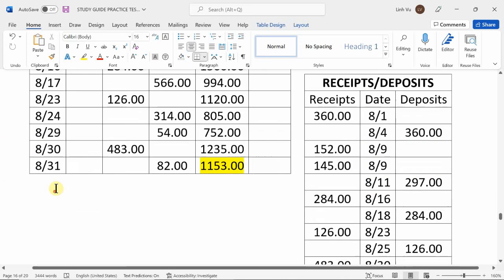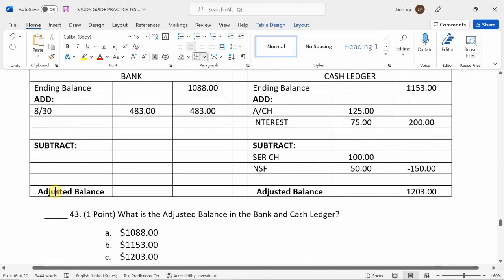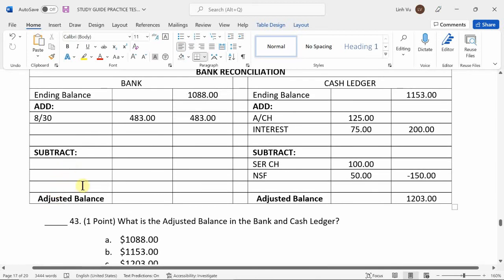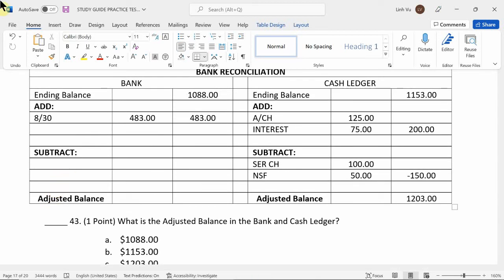So those are things I need to subtract. Check number 306 was for $314, while check 307 was $54. So that's a grand total of $368.